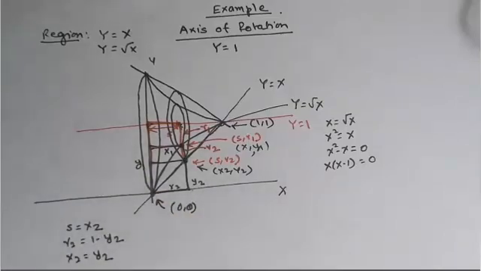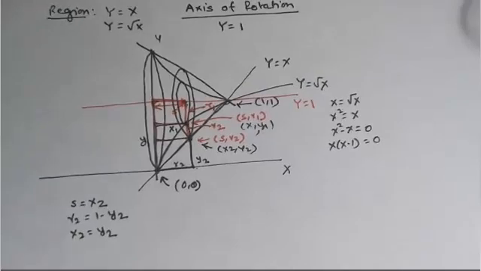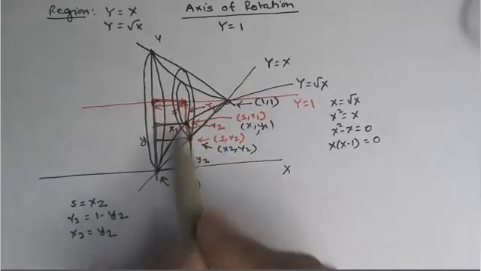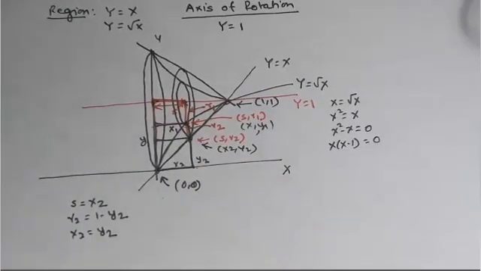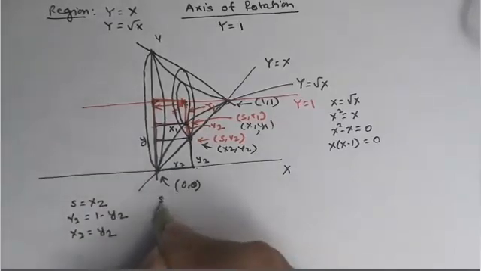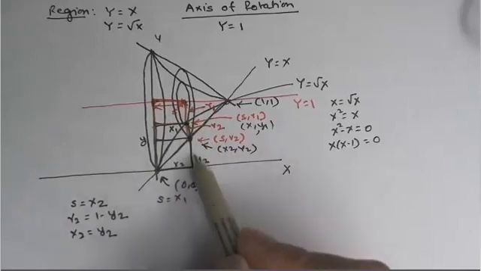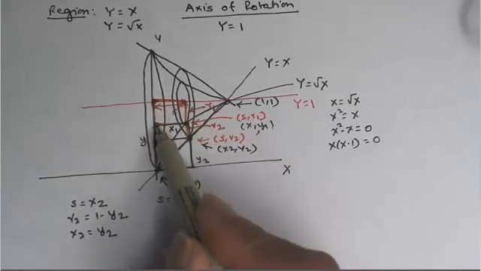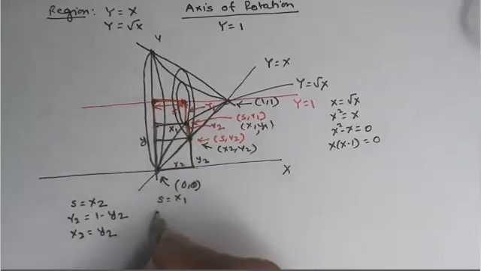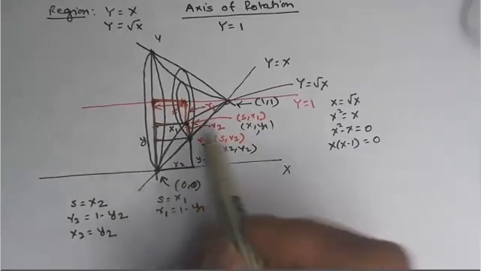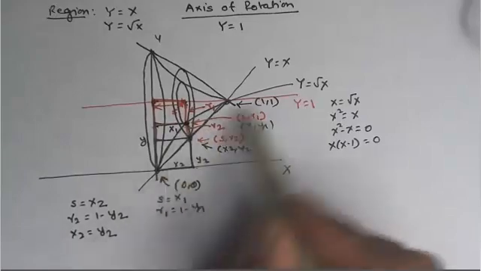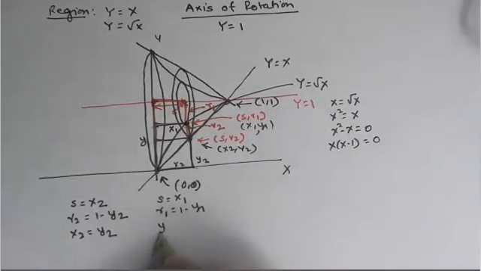So let's write the relations for that. S equals x1, and R1 plus y1 must equal 1, so R1 equals 1 minus y1, and this point is on that curve, so y1 must equal square root of x1.